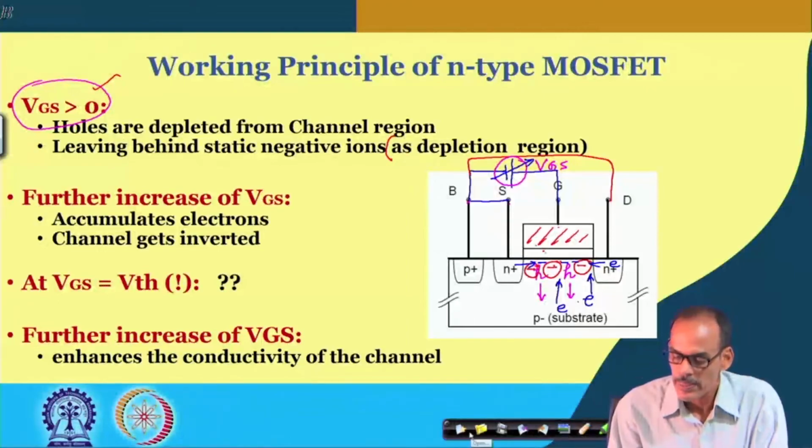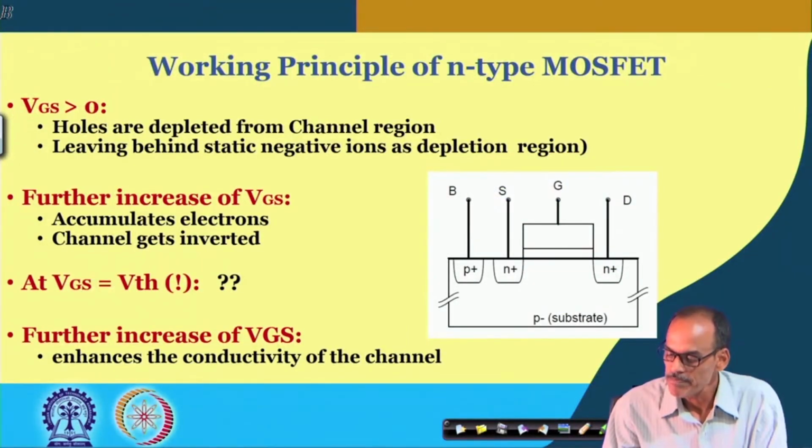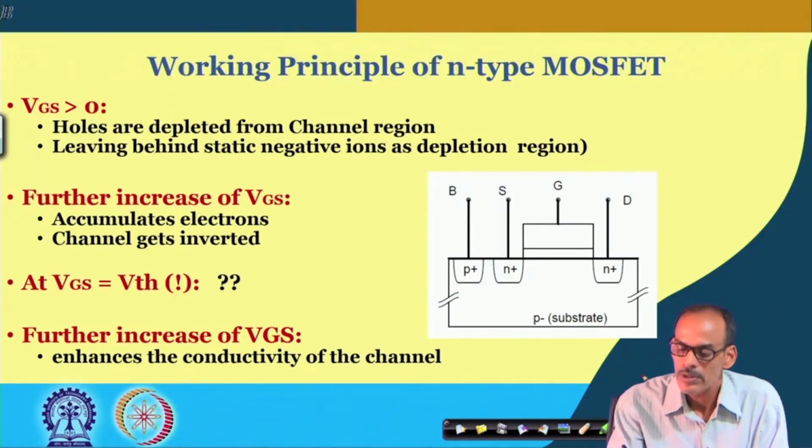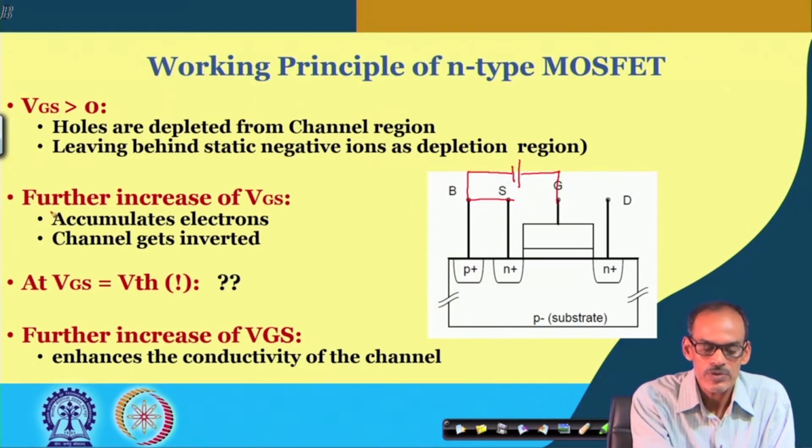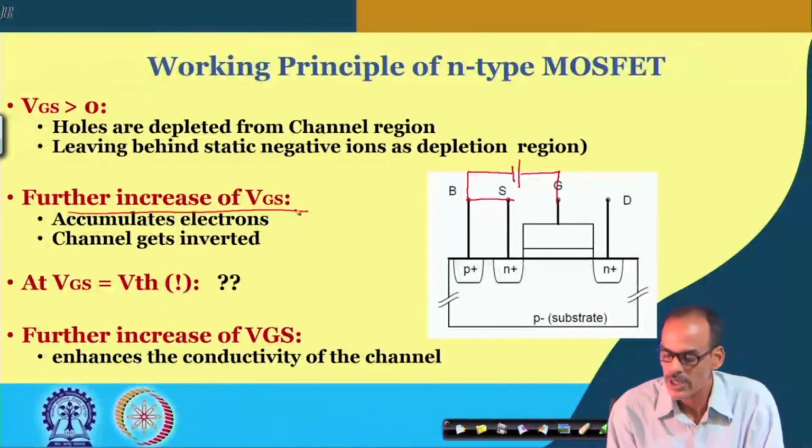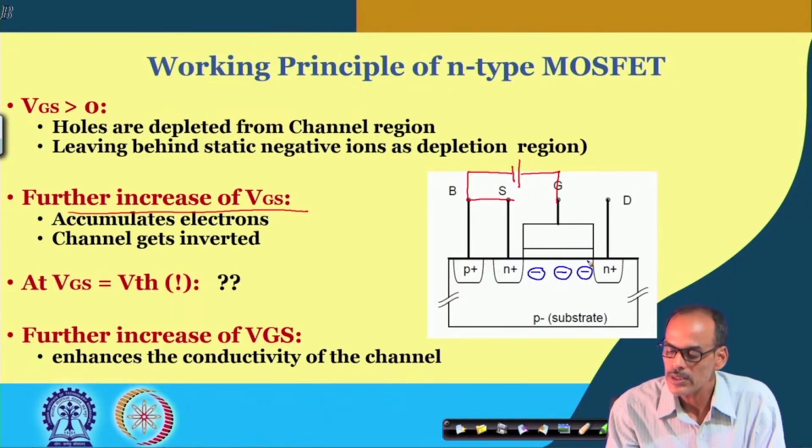So, let me redraw this part again. We are applying voltage VGS here, and we want to see what other things are happening, particularly when the VGS is sufficiently high. We do have the static ions, which do not participate in current flow, and in addition to that, it is also having electrons. These electrons may be coming from these two islands.